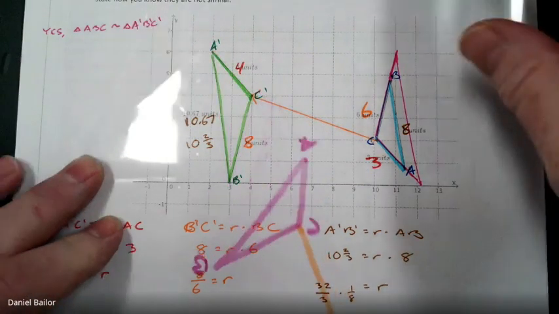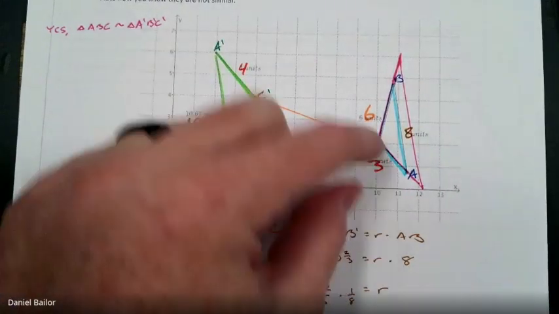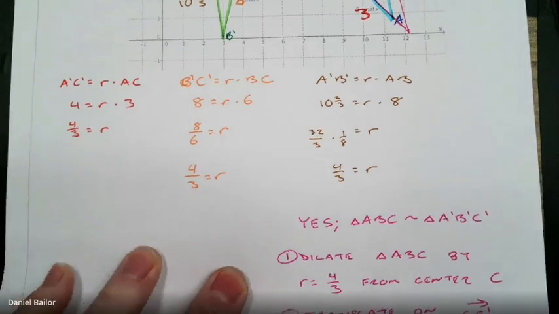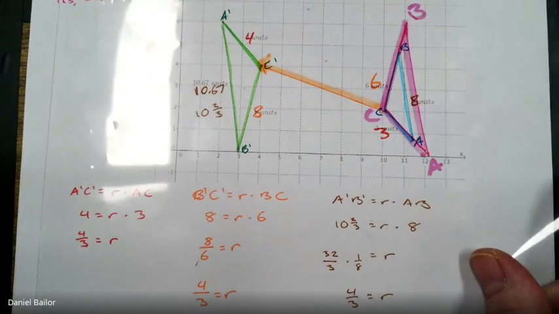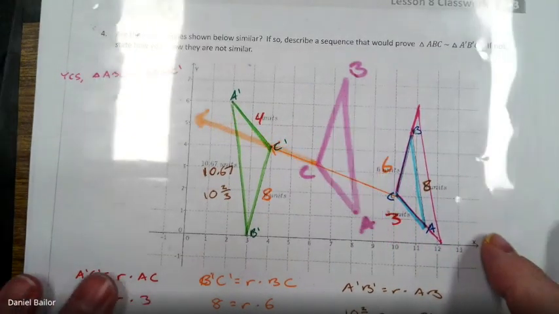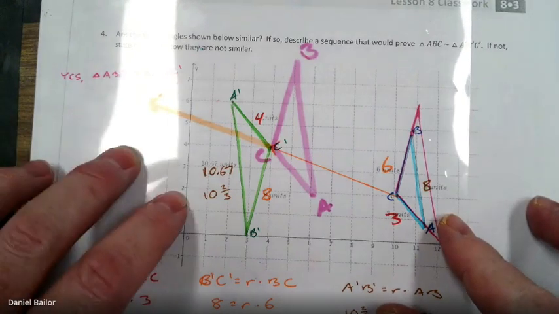Perfect. So here's what I did. I started with the blue. I dilated it by 4/3 to make it grow, and I made the pink one. And then I translate on the C prime vector to move it over here. And then I start spinning.